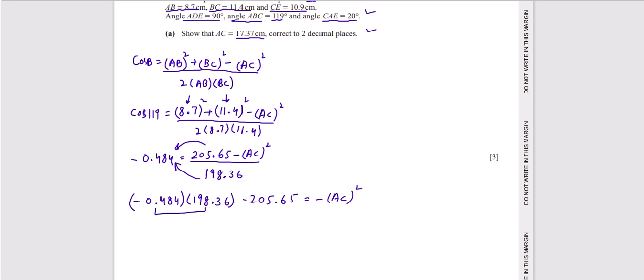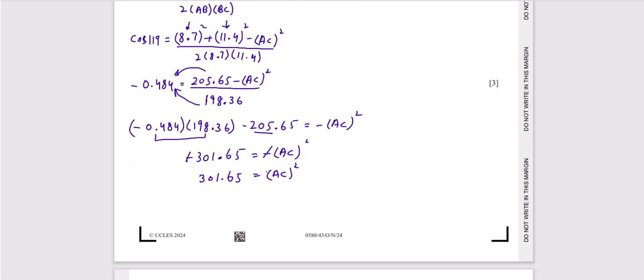Multiply these values and subtract these values, we get minus 301.65 is equal to minus AC square. So minus cancels with minus, the remaining value is 301.65 is equal to AC square.